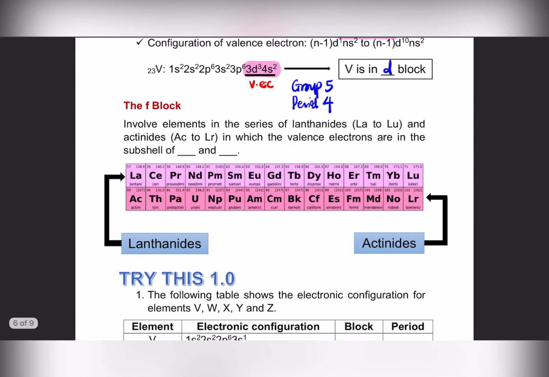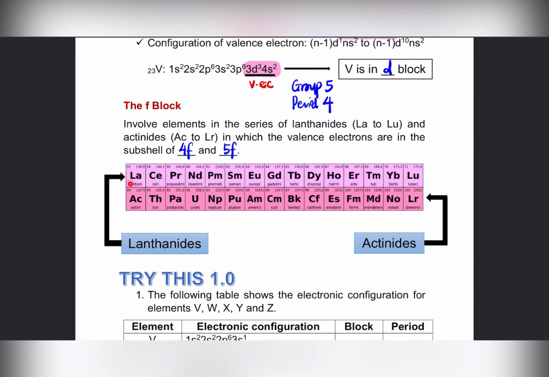Okay, next one kita ada F block. So, F block agak special. Dia involve elements daripada series of lanthanides dan juga actinides. The valence electrons are in subshell 4f dan juga 5f. So, daripada case ini, awak boleh lihat the top row adalah untuk lanthanide.